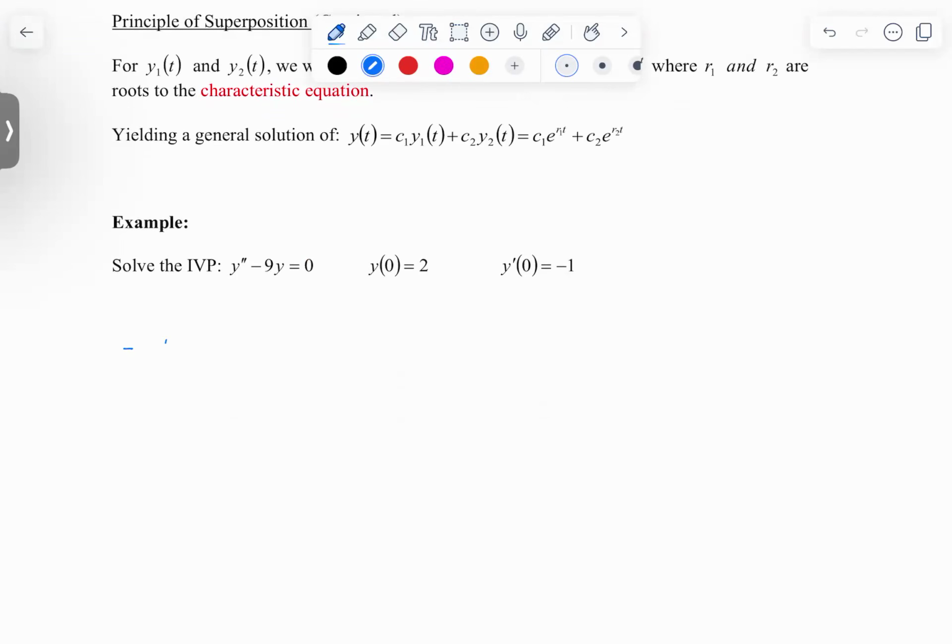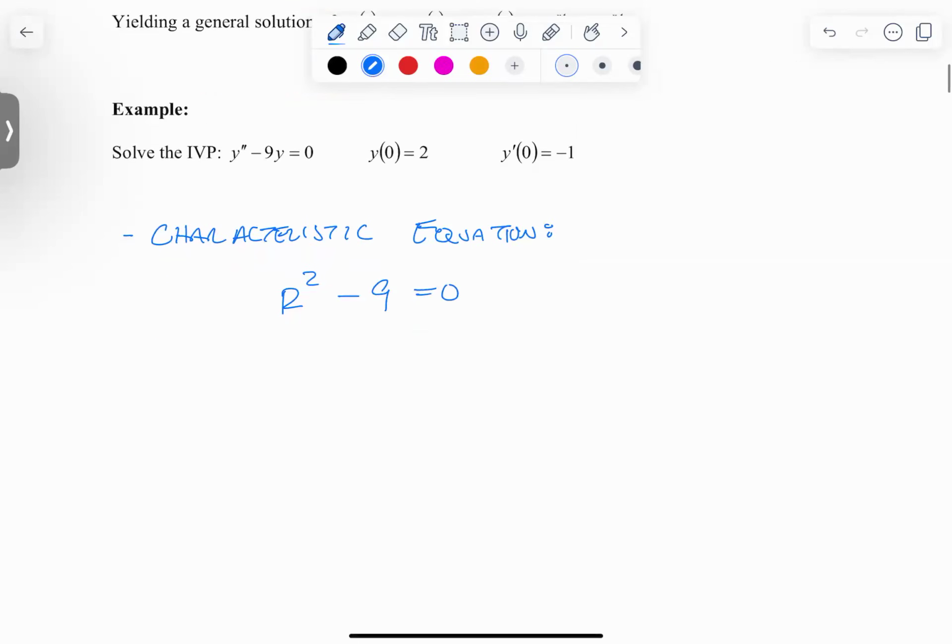The whole point here, every time, is to set up the characteristic equation. Y second derivative minus 9y equals 0. That means r squared minus 9 equals 0. Solve that down: r equals plus or minus 3.